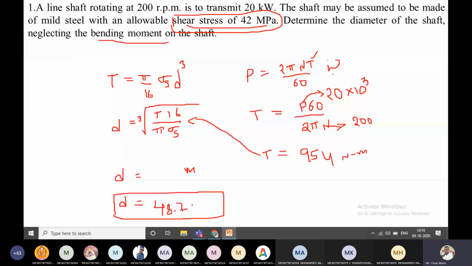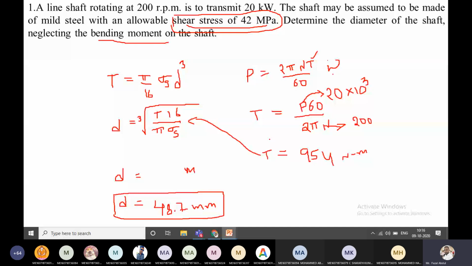Before starting a problem in design of shaft, first read the question properly. That means the given question belongs to which category: strength wise or deflection rigidity wise. After deciding strength wise or rigidity wise, again decide which category, because in strength wise four categories are there, and in rigidity wise two categories are there.